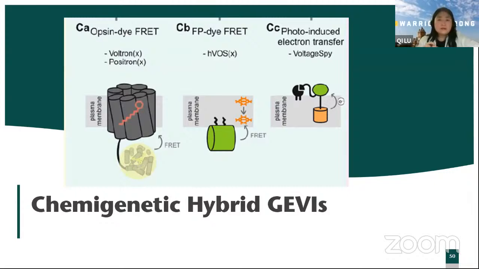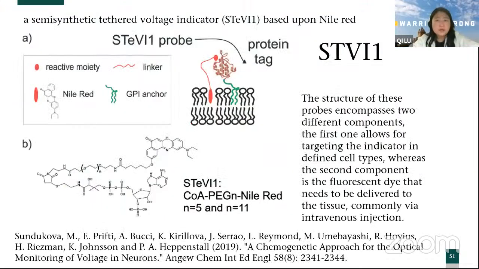And another group is the chemi-genetic hybrid GEVIs. They combine chemicals and also proteins, with different designs. And first, I'm going to talk about the STVI ones.